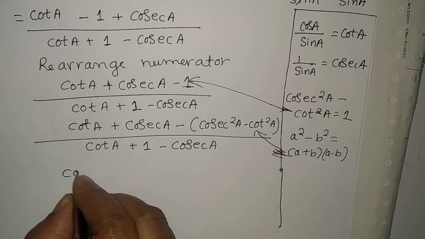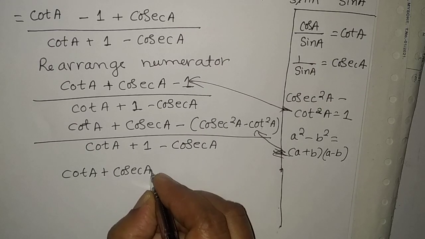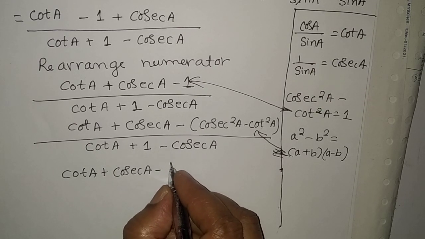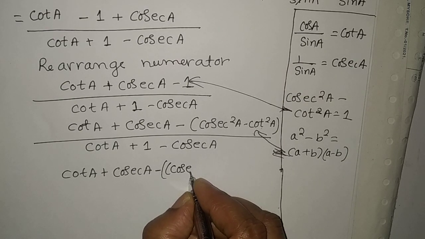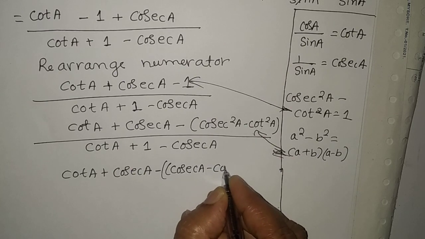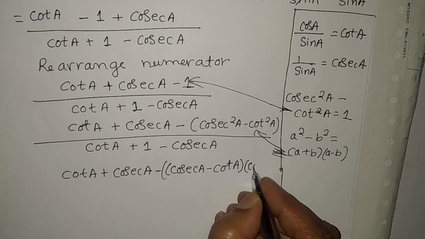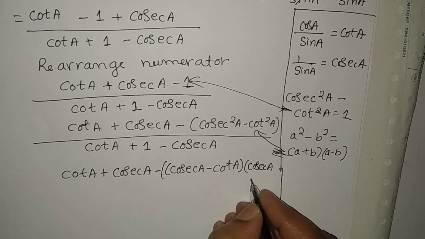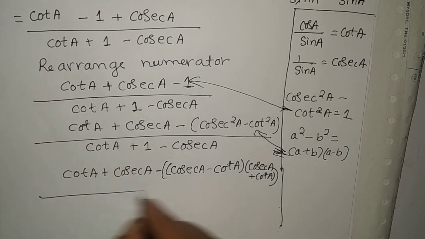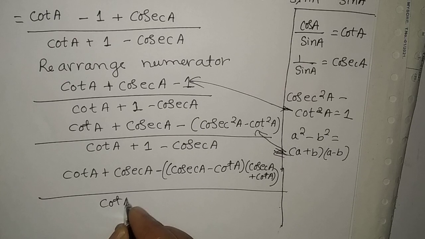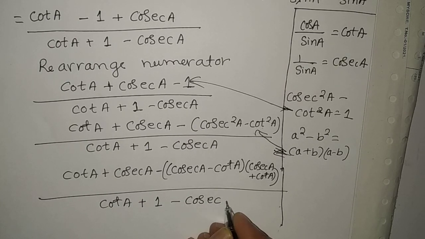Therefore cot A plus cosecant A minus of (cosecant A minus cot A) into (cosecant A plus cot A), divided by cot A plus 1 minus cosecant A.